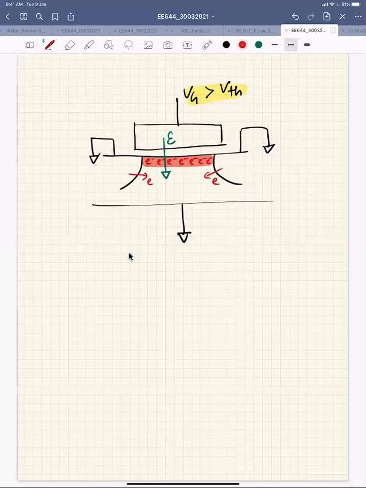So this is the inversion layer with some finite thickness, and this thickness is actually very small because of the electric field. So the electrons are right at the surface, very closely, because a lot of electrons are sitting there.